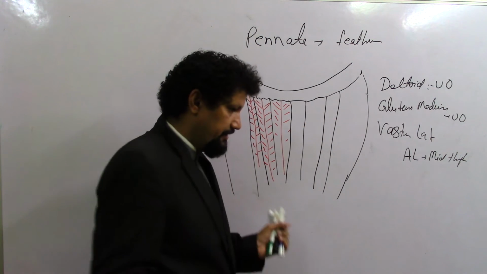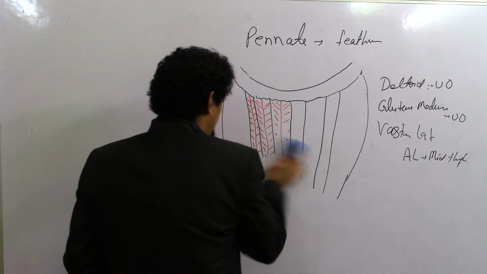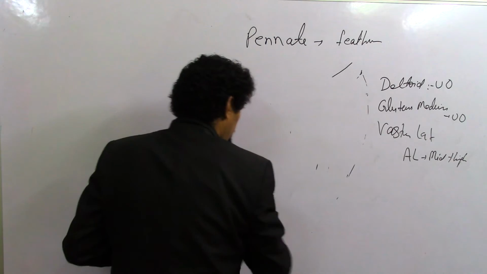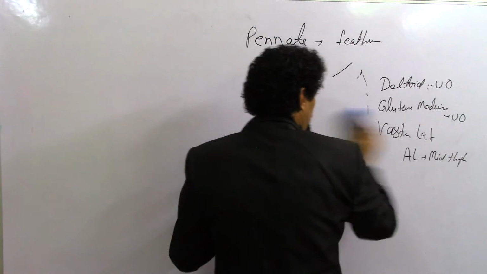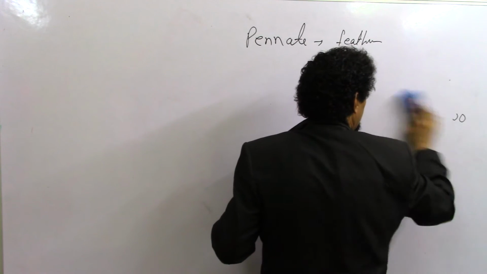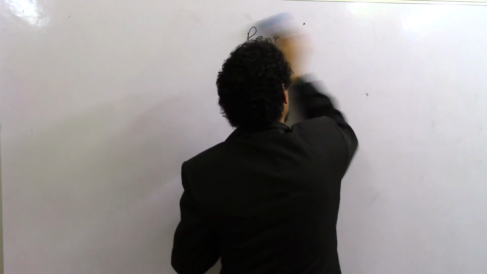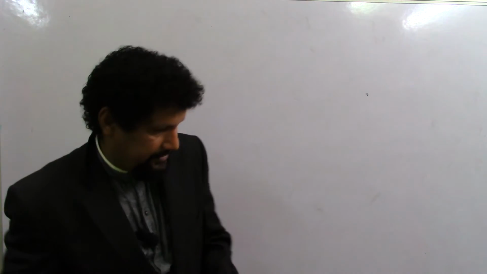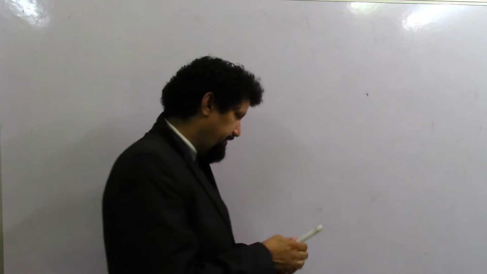The other type is the circumpinnate muscle. The circumpinnate muscle is seen in tibialis anterior muscle.